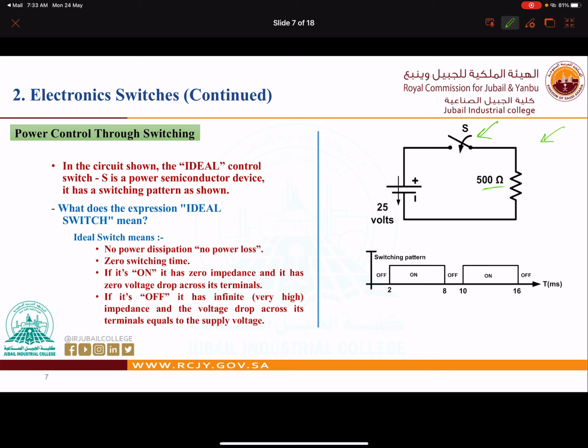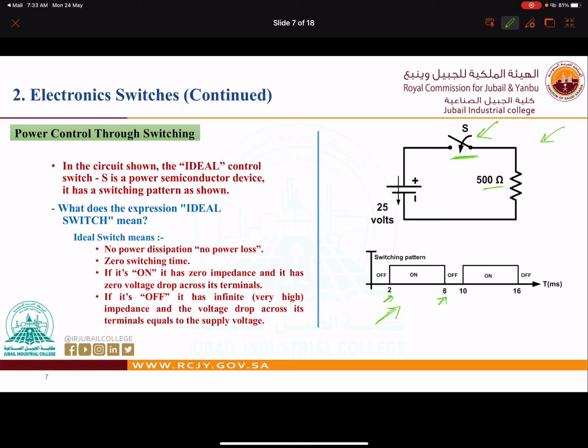Now let us talk about the power control of switching. Let us understand what is switching. Let us assume that I need the switch to switch on when the time reaches 2 milliseconds and switch off when the time reaches 8 milliseconds.